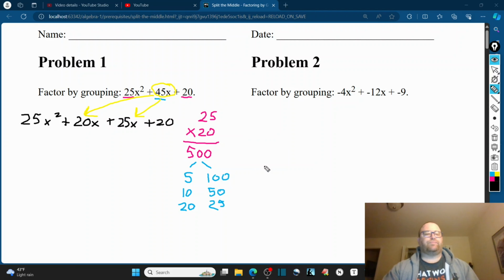From here, we want to look at the first two numbers and divide out the greatest common factor of both. So the greatest common factor of both is 5x. So I'm going to divide out 5x. And if I divide 25x squared by 5x, I get 5x. And then 20x divided by 5x is 4.